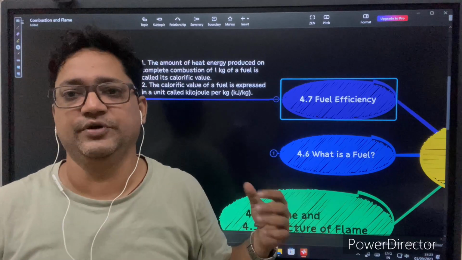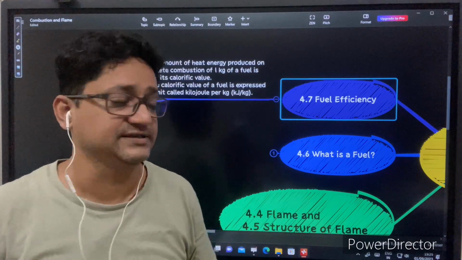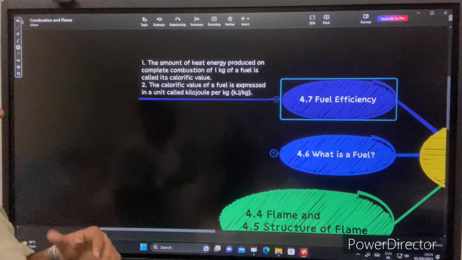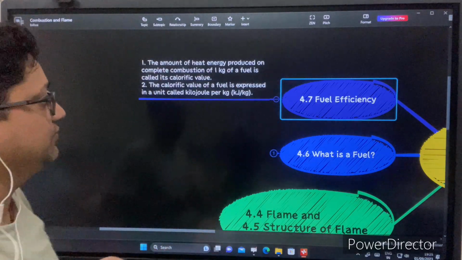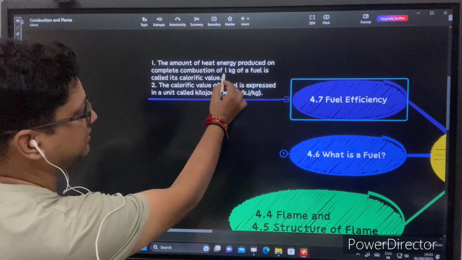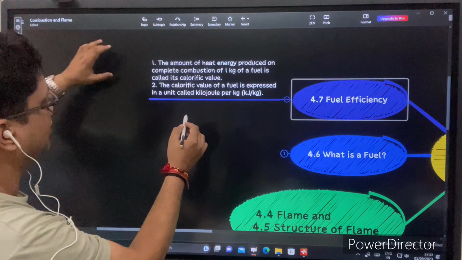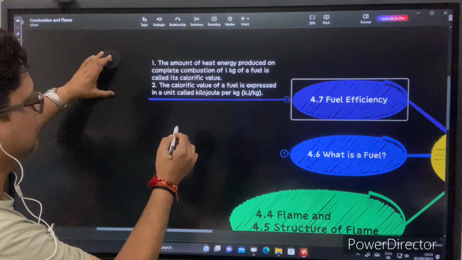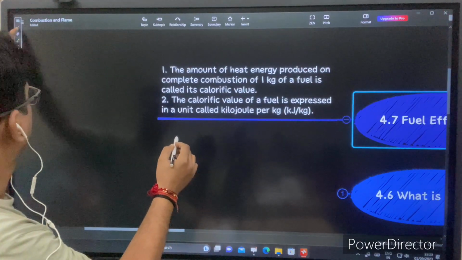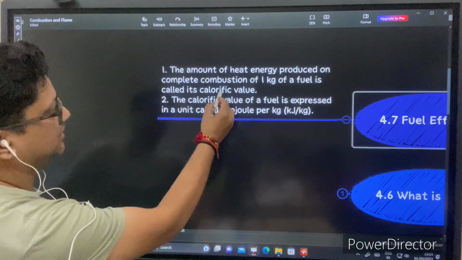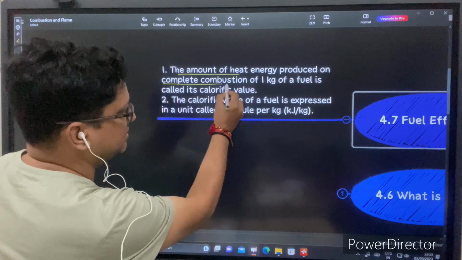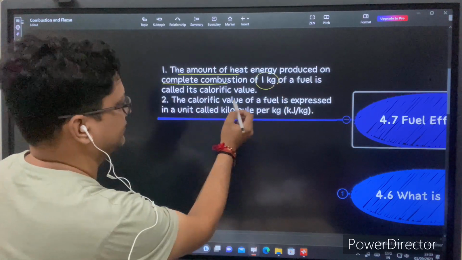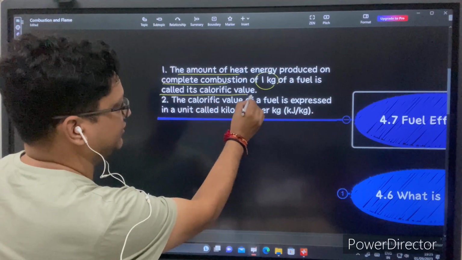This is going to help you in the higher classes to learn what fuel efficiency is. The amount of heat energy produced on complete combustion of 1 kg of fuel is called calorific value.